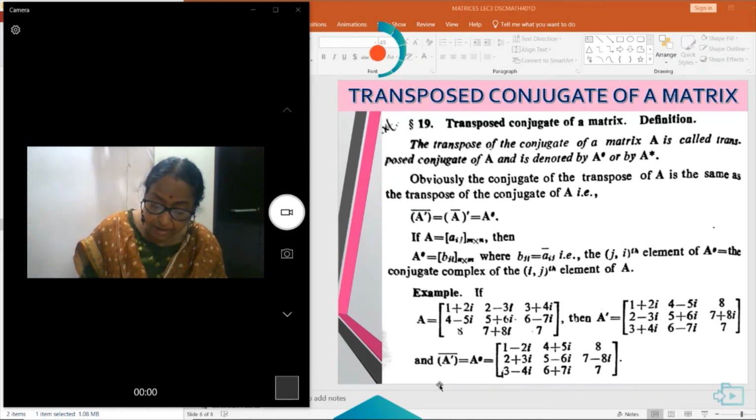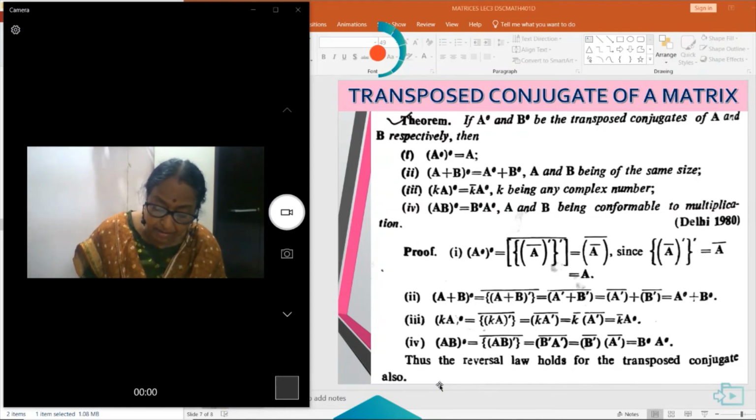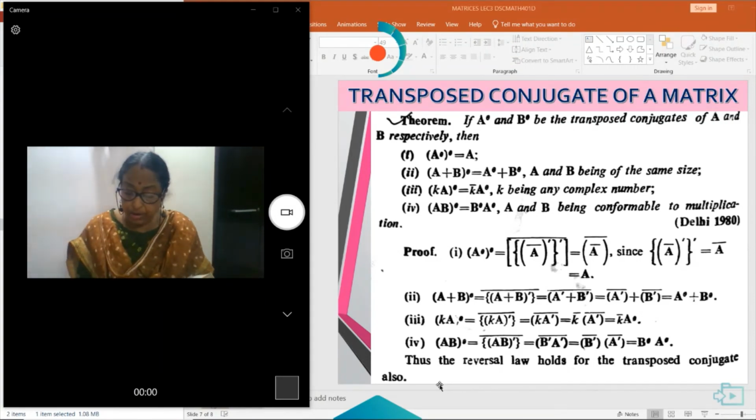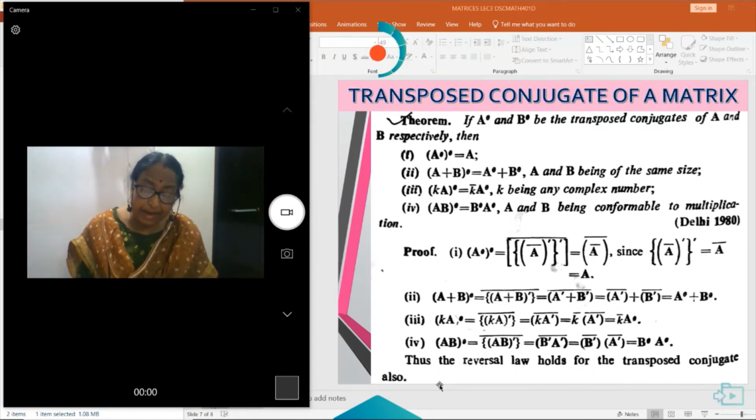Now, if A theta and B theta are the transpose conjugates of A and B respectively, then these are very, very important theorems given. A theta, the theta is equal to A, and A plus B theta is equal to A theta plus B theta, where A and B are matrices of the same size.